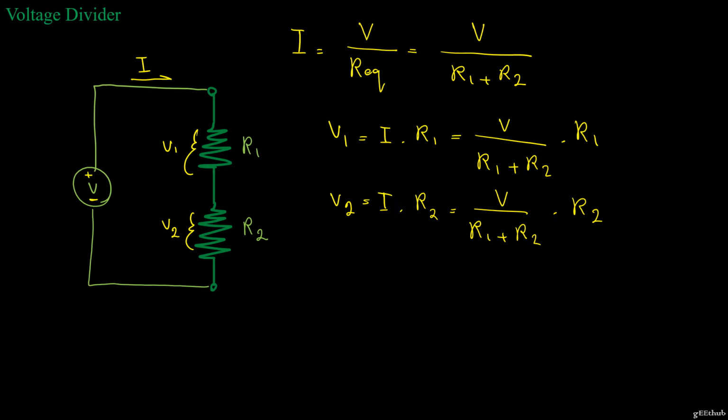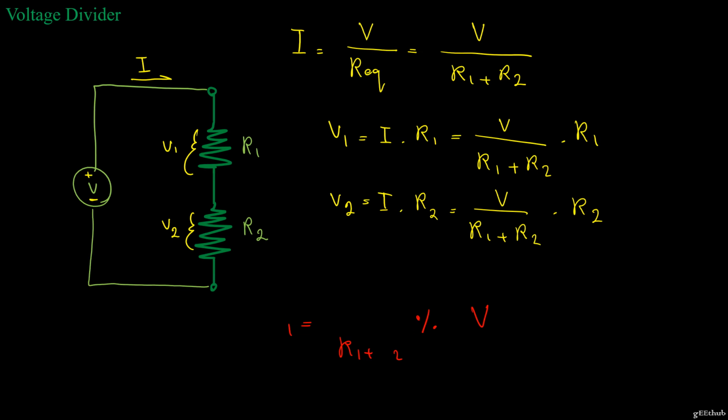What it means is that basically, V1 is R1 over R1 plus R2 percent of my overall voltage. So this fraction defines how big my individual voltages are going to be.